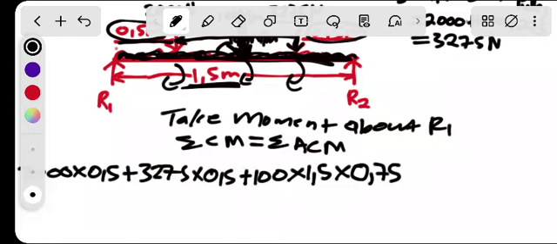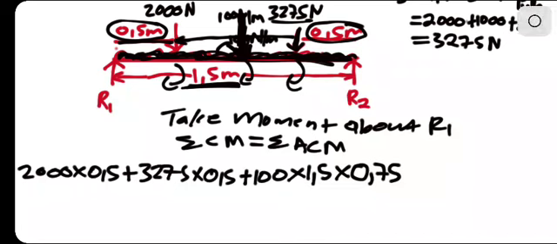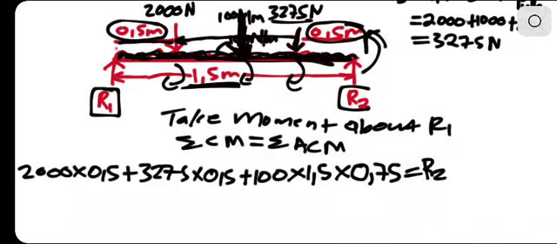This will be equal to what now? The anti-clockwise one. Remember, we've taken the reaction here at 1. The anti-clockwise one will rotate the beam in that direction. Anti-clockwise will be reaction 2 multiplied by the whole distance, which is 1.5.